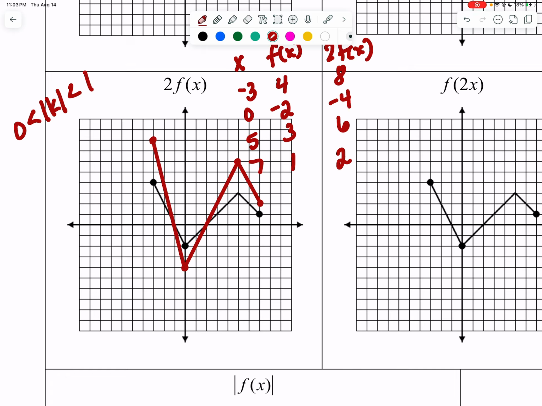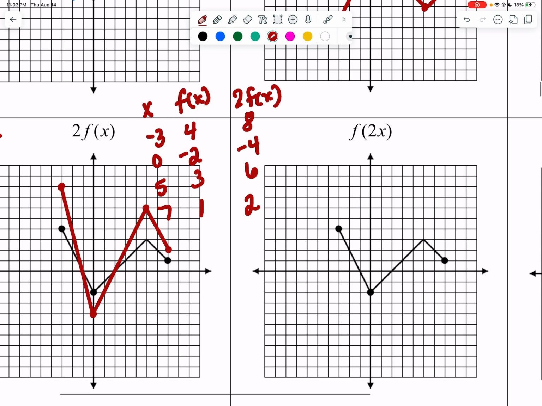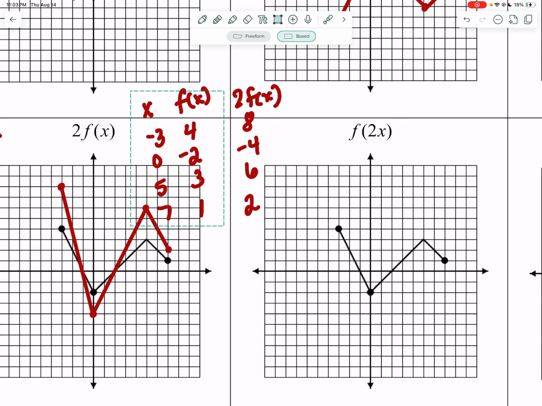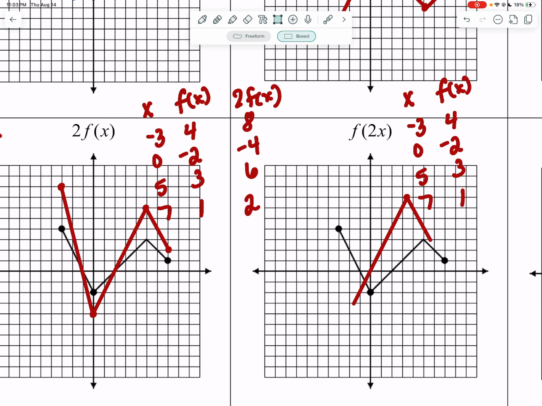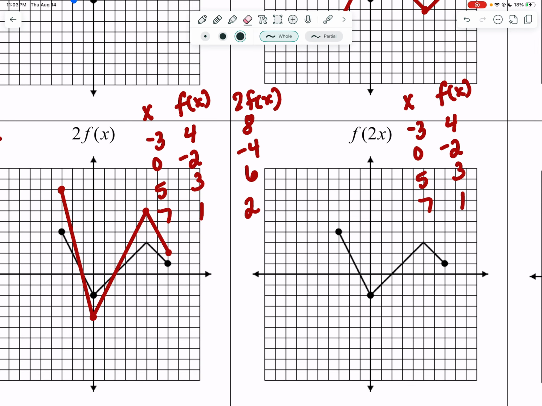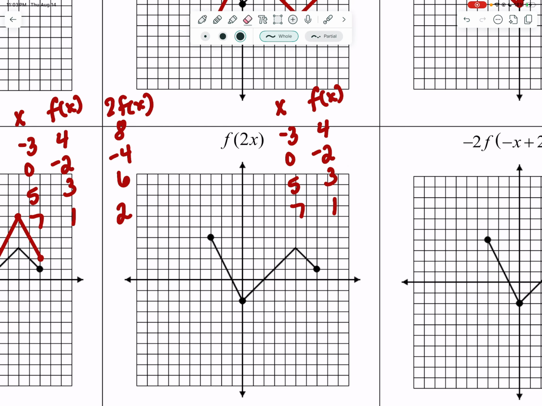All right, looking at f of 2x here, we have a problem because our 2 is inside the argument. So we're going to go back to our table of values that we had earlier. And what we're going to do is try and figure out what can I do to get f of 2x.